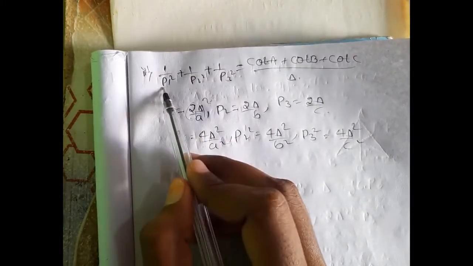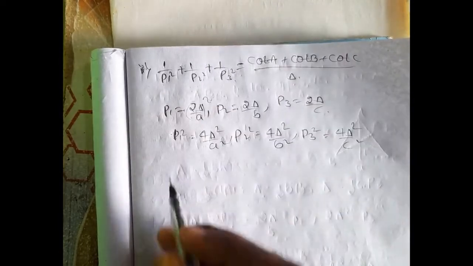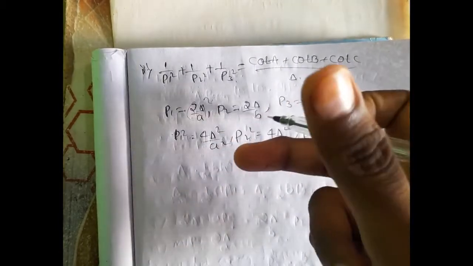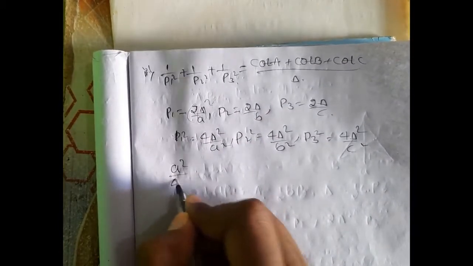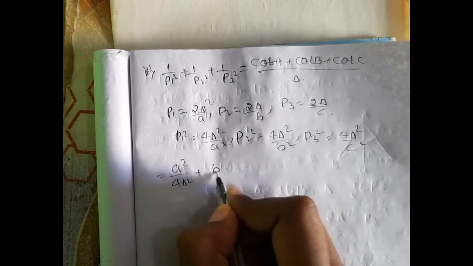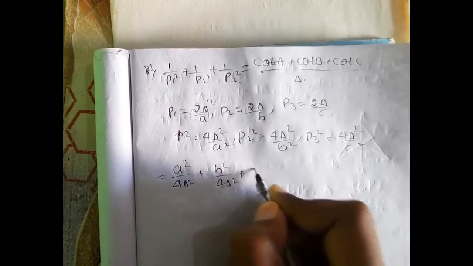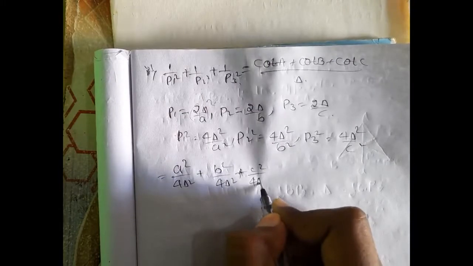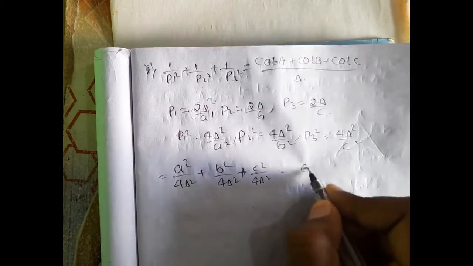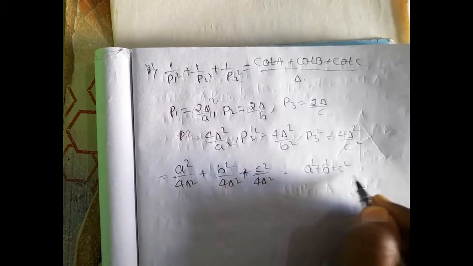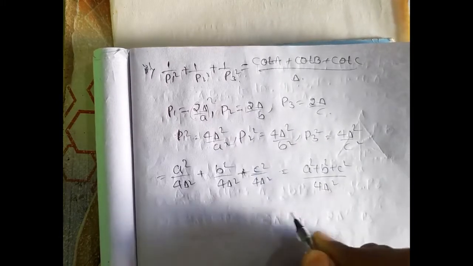Now 1 by P1 square plus 1 by P2 square plus 1 by P3 square means it becomes reciprocal. So A square by 4 delta square plus B square by 4 delta square plus C square by 4 delta square equals A square plus B square plus C square by 4 delta square.